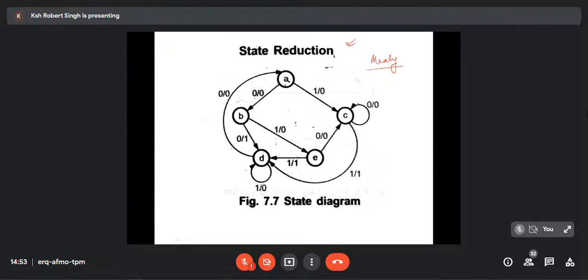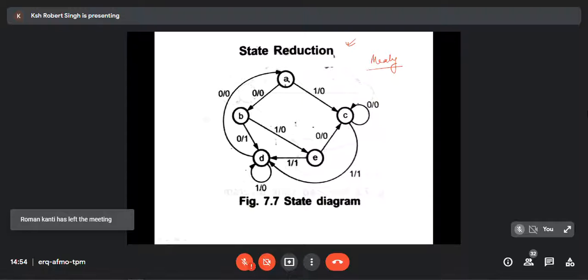So if I give this state diagram and ask you to design the circuit, you should be able to write the state table from this.